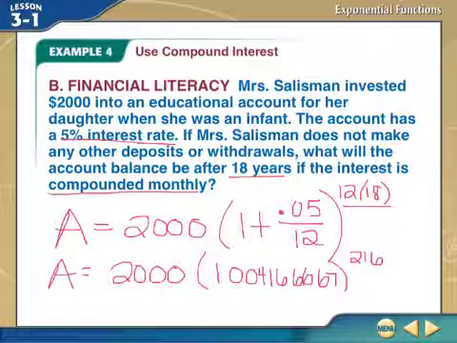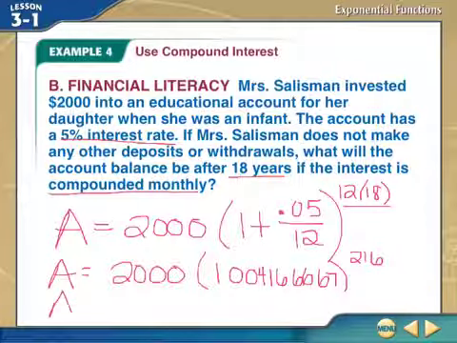In the last example, there were only 72 interest payments because she was only paid interest 4 times a year, or quarterly. Since she's been paid interest in this example 12 times per year over the course of 18 years, that is 216 interest payments.